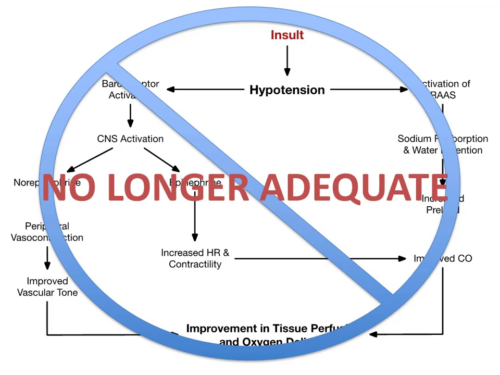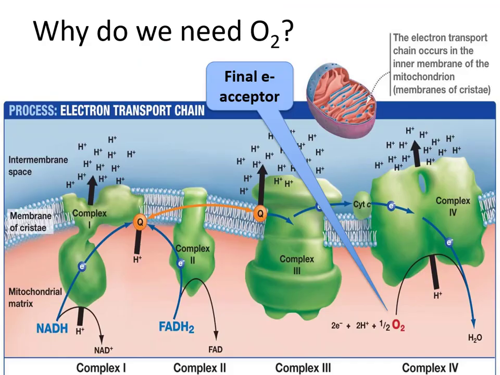In the upcoming slides, we will look at the core issue of impaired tissue perfusion, which is reduced oxygen delivery, on a cellular level, so that we can appreciate the larger picture of what uncompensated shock does to the system. The best place to start is with the question, why do we need oxygen?